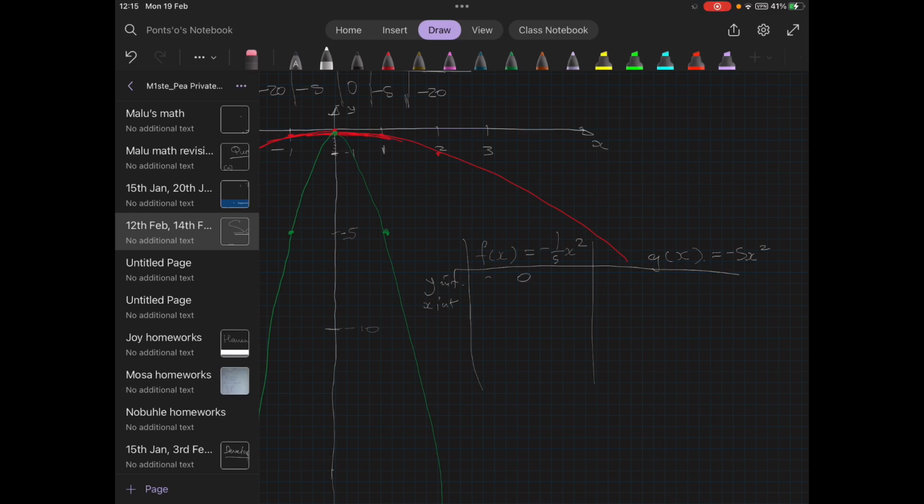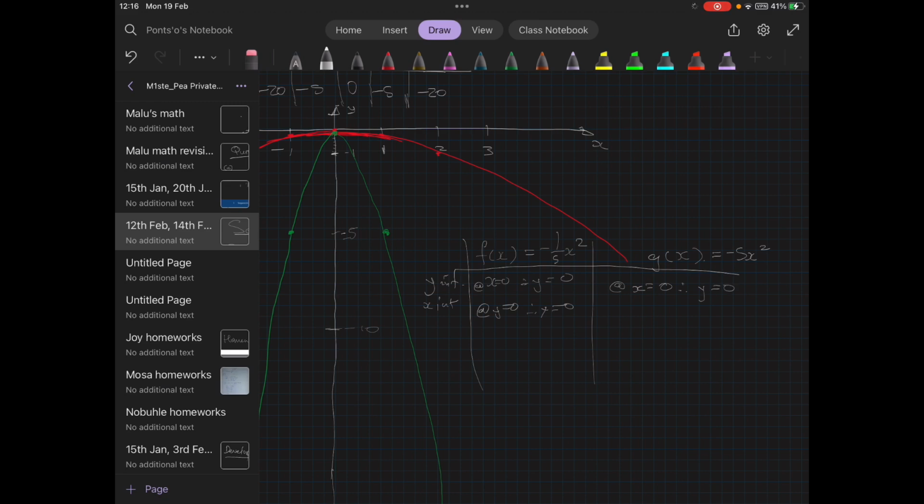And the x-intercept? And for g of x, or I guess k of x equals negative 5x squared, what's the y-intercept? 0.